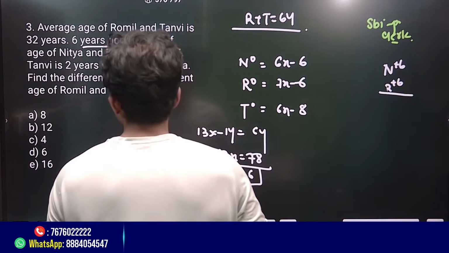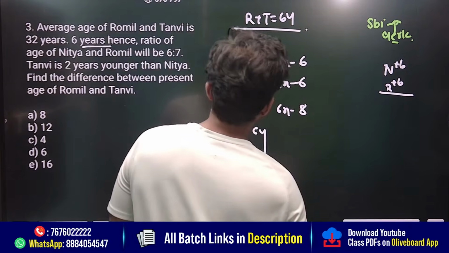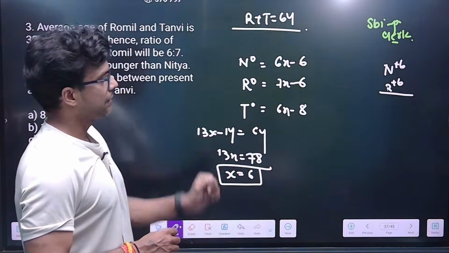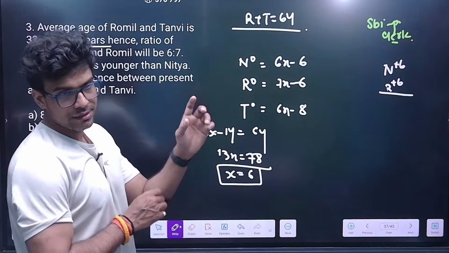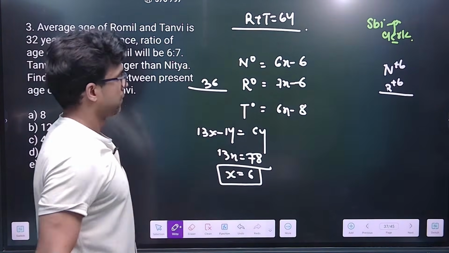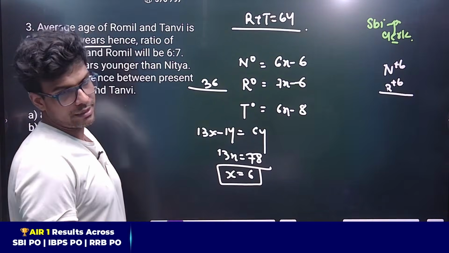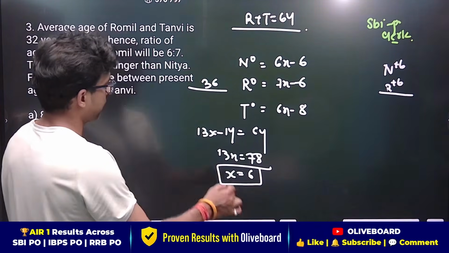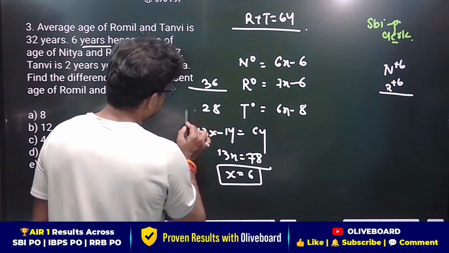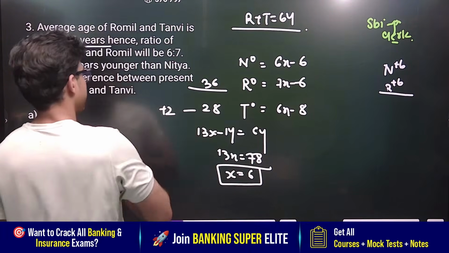If x is 6, find the difference between the present age of Romil and Tanvi. 7 6s are 42 minus 6 is 36. 6 6s are 36 minus 8 is 28. So 28 plus 2 is 30, and 36 minus 28 is 8, the answer.